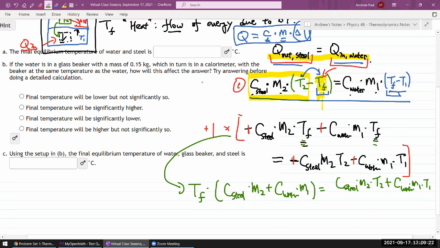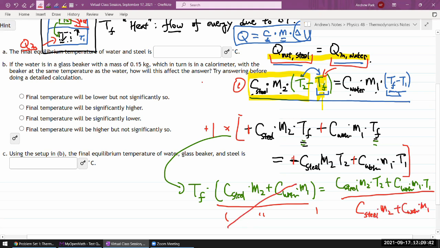And if I divide through by this combination of numbers, on the right-hand side I get this numerator divided by C still times m2 plus C water times m1, and this cancels out to 1. So plug in the numbers here. That'll get you T final.